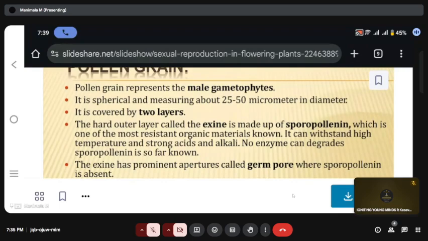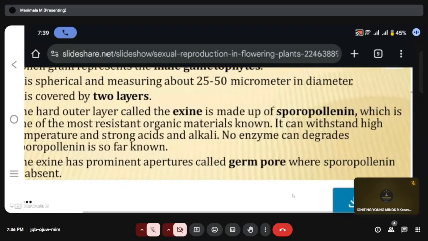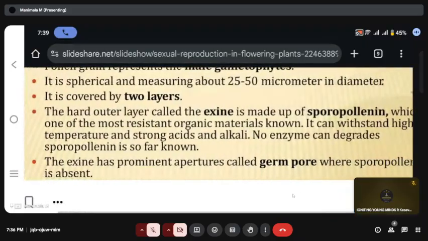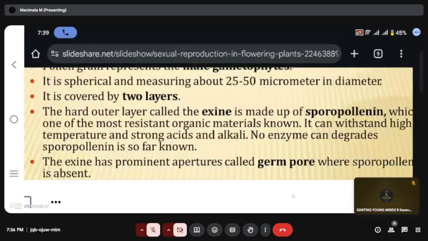Pollen grains can survive in different climatic conditions. That is due to sporopollenin, a chemical substance present in the exine of the pollen grains. It can withstand high temperature, strong acids and alkali.